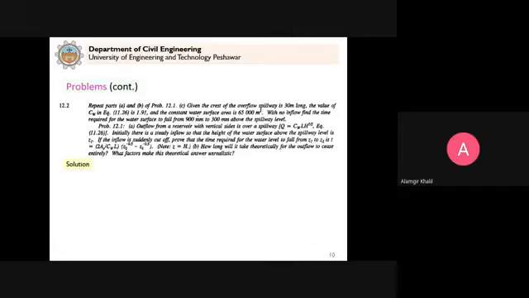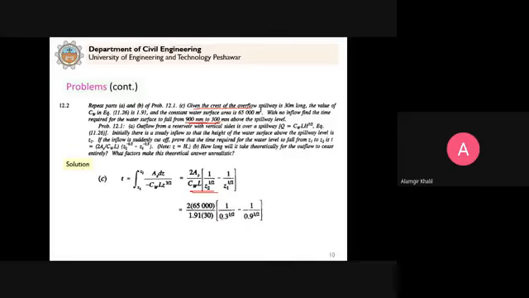Part C of the question asks how much time it will take for the water level to drop from 900 millimeter to 300 millimeter. So it is easy. We have just this equation that we developed. From 900 to 300 millimeter, everything is given: 0.3 and 0.9.